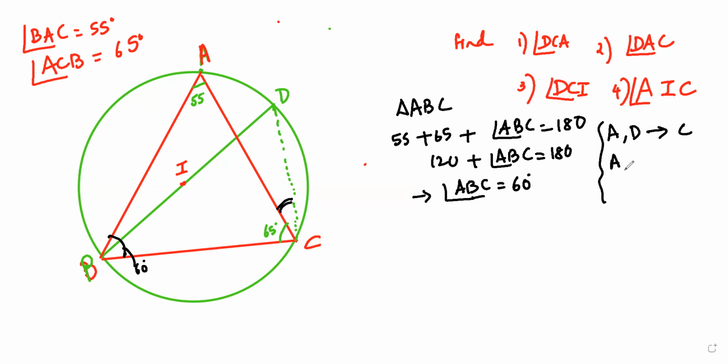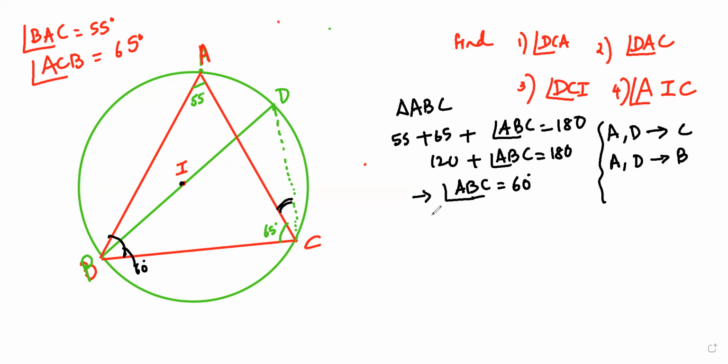And the same A and D, look carefully, you're joining them to B. Now, angle ABC is 60 degrees. So now BI is an angular bisector, isn't it? B, I, D are collinear points. I is lying on BD.